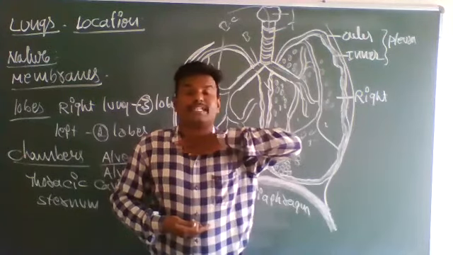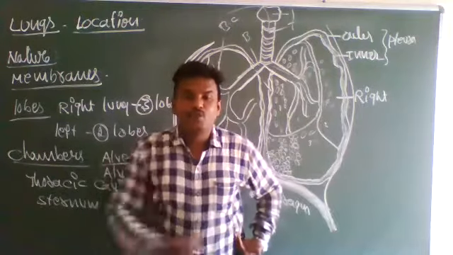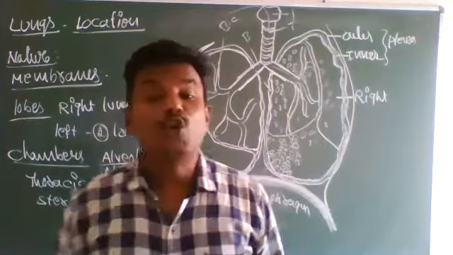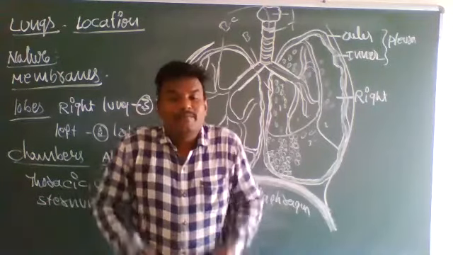Anterior side is the thoracic cavity, thoracic chamber. Posterior region has the U-shaped or dome-shaped diaphragm. It protects the lungs from downside.